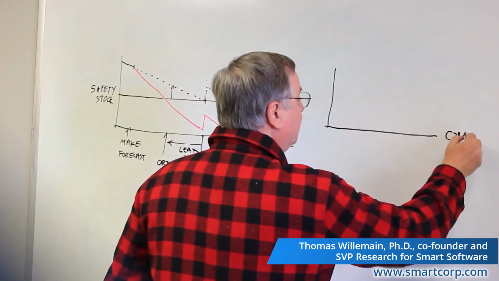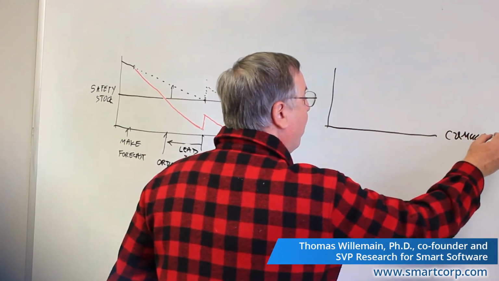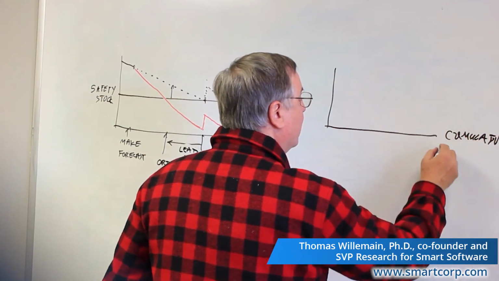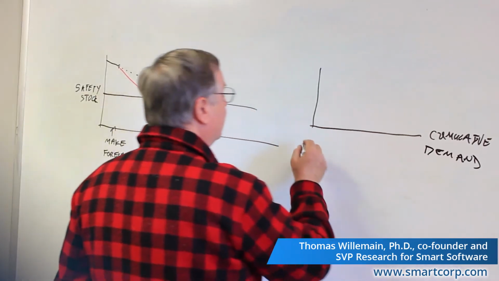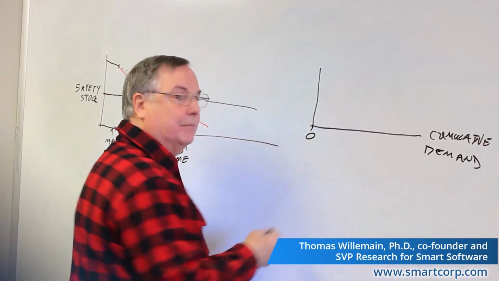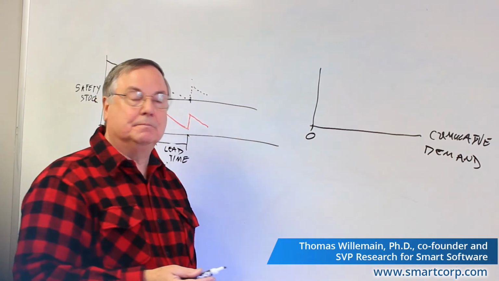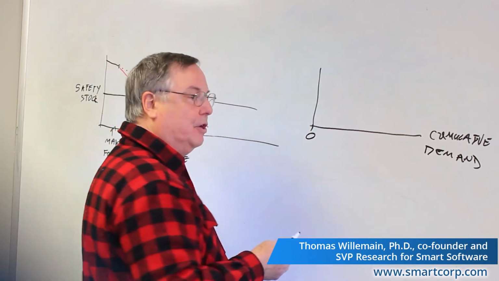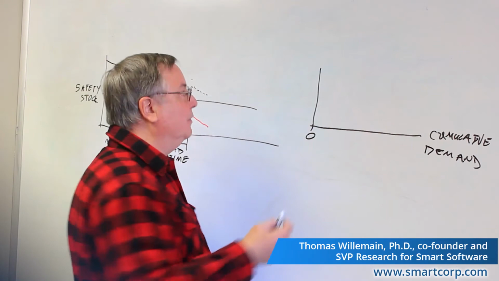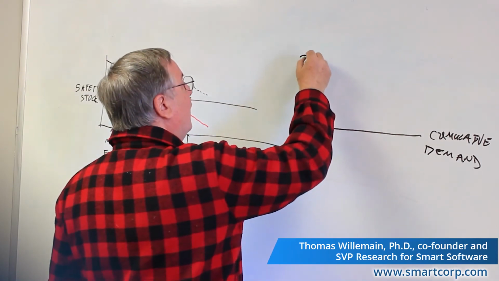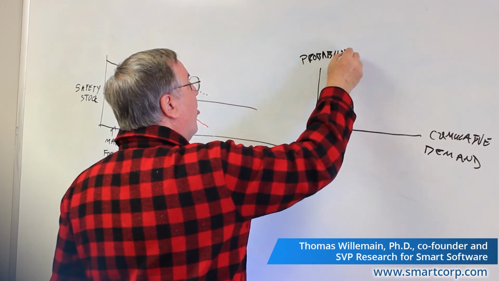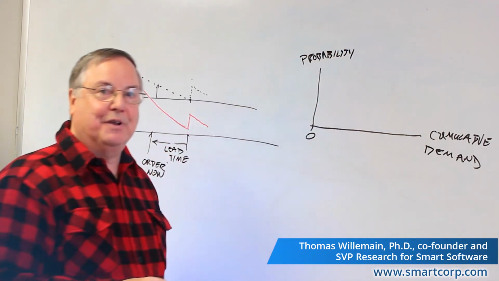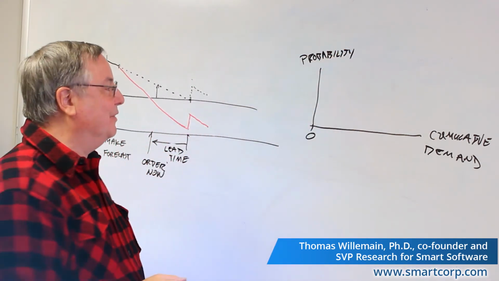We have cumulative demand, and we realize that that could be anything from 0 to some big number. And what we're going to show is all the possibilities, and we'll express this in terms of probabilities now. So now probability theory comes into the demand planning process.